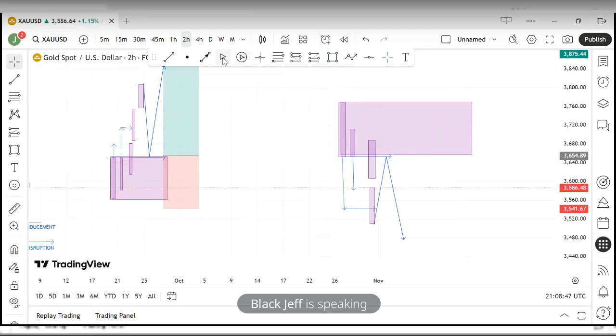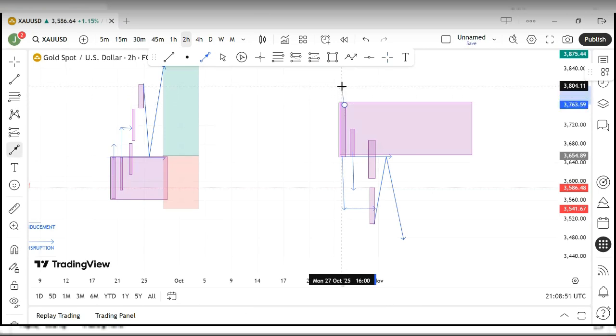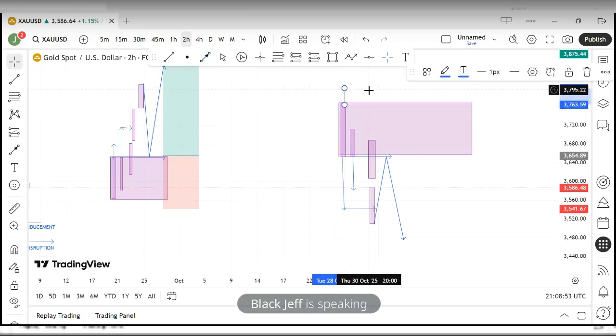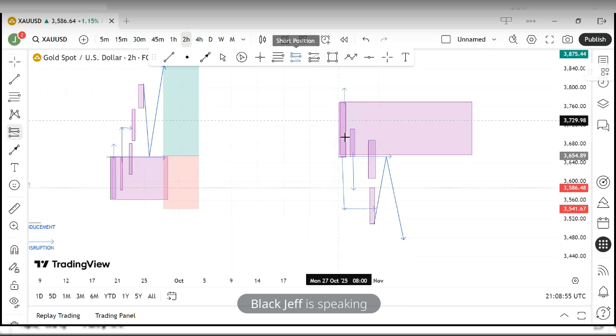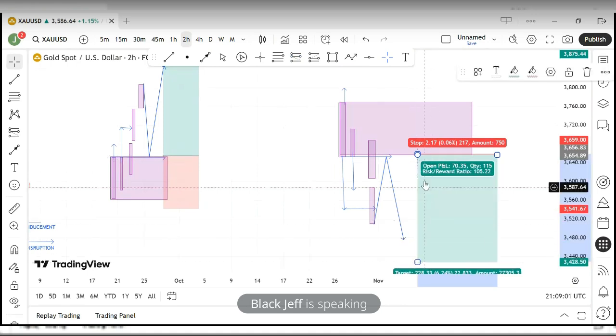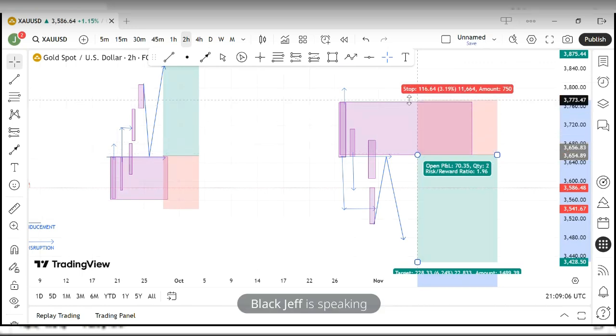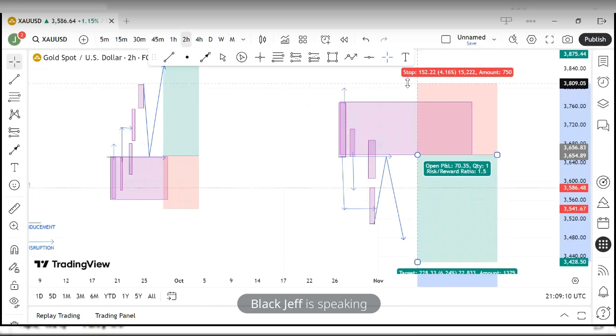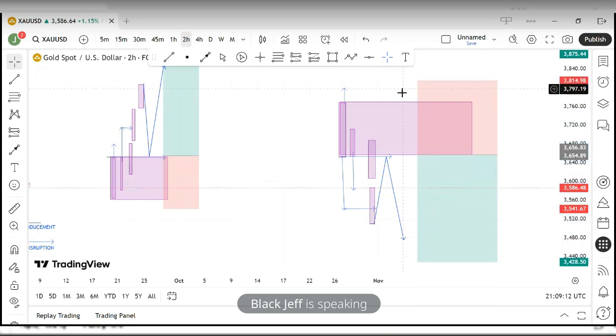There are times that the wick can still be above. For safety, you put your sell limit here. Drag this one down, sell. Drag this one up. For safety reasons, there are times you may want to even cover the wick of the last point above. So this is how you trade SBR and RBS.